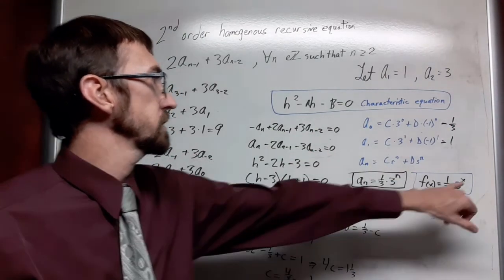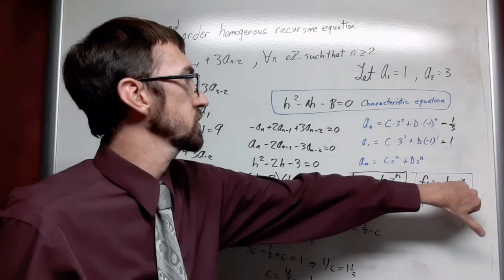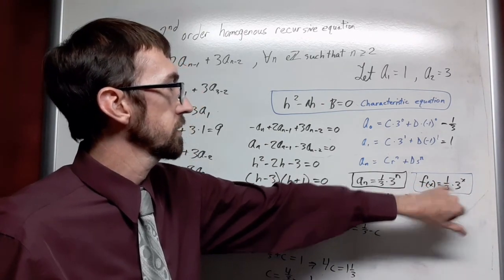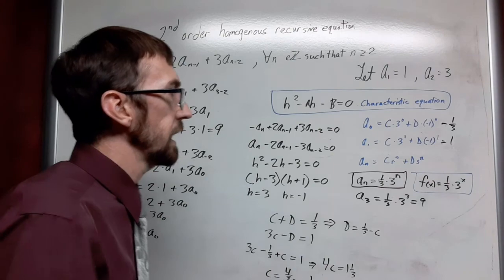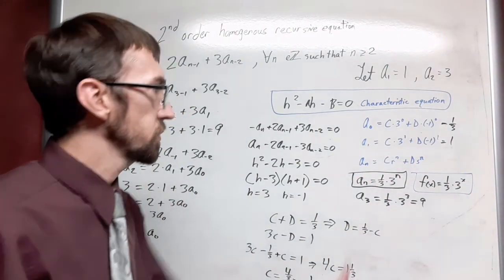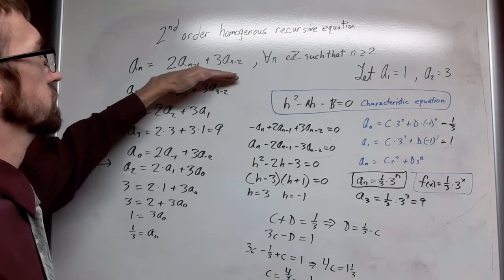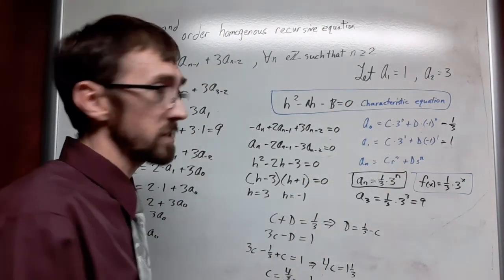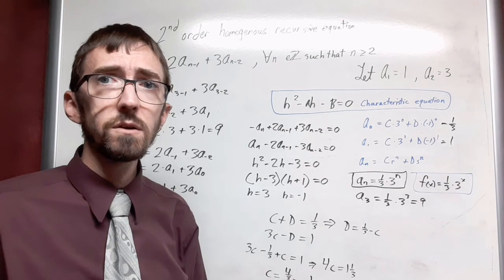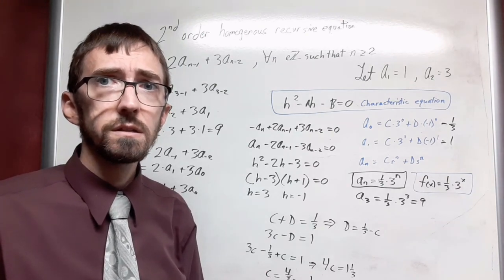So if I put 1 into here, I'll have 3 to the first power divided by 3, and that'll give me 1 back, and so on. And so this is our final function that does the same thing as this recursive equation and generates a sequence. So now we are done.